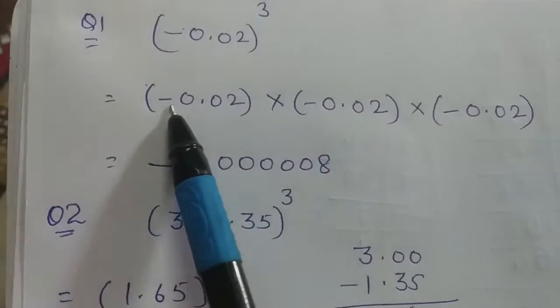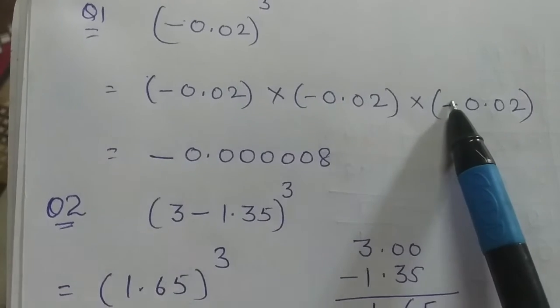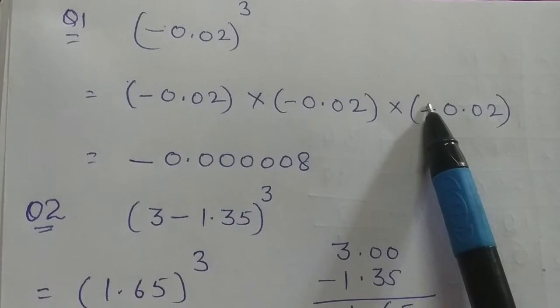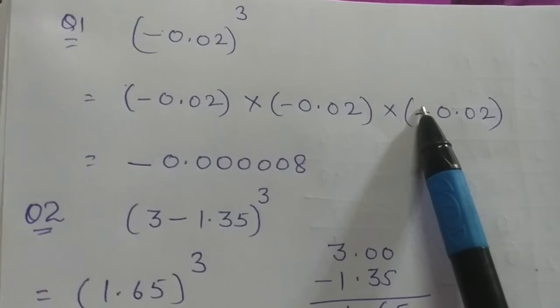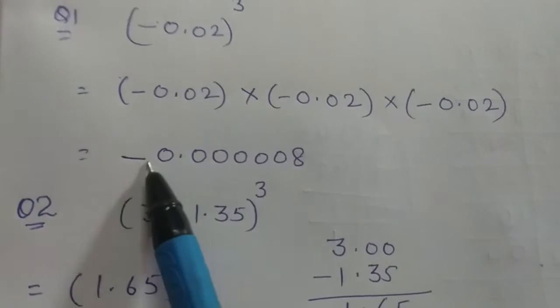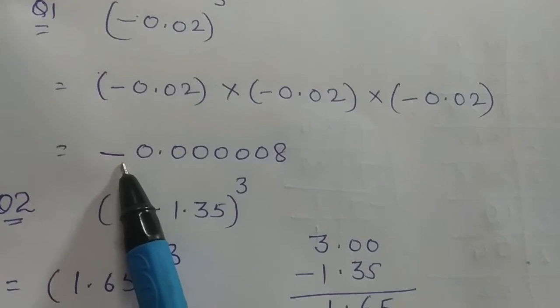Let's see. 1, 2, 3. It is 3 times, an odd number. When the minus sign is taken an odd number of times, it automatically becomes the negative sign.